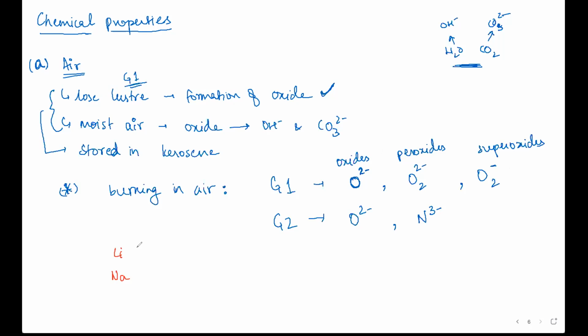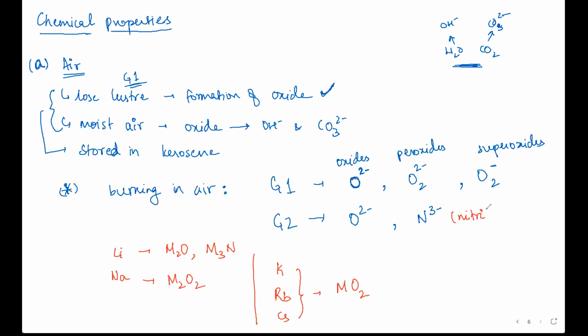Lithium is capable of forming only oxides. It forms oxides and nitrides. Sodium forms peroxides. But the bigger atoms, potassium, rubidium, and cesium, these 3 form superoxides. What do group 2 form? Oxides and N3 minus nitride.